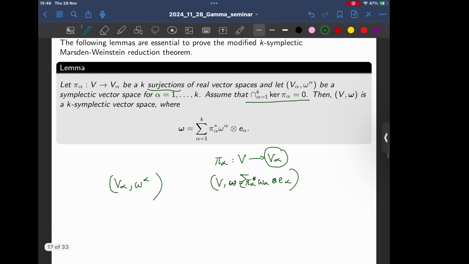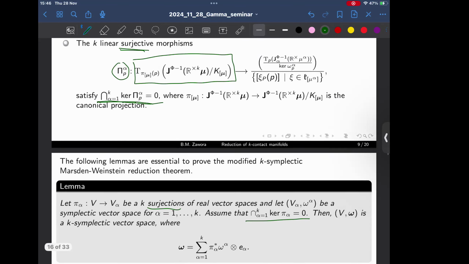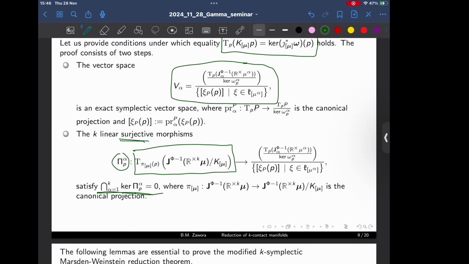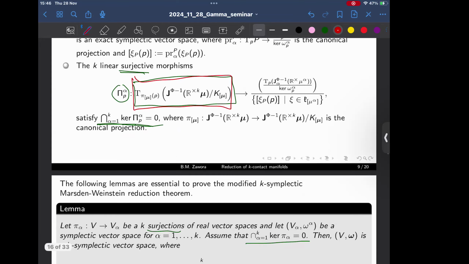And then we use this lemma, so we get that this V, which in our case will be this space, will be a k-symplectic manifold. So that's the main idea.